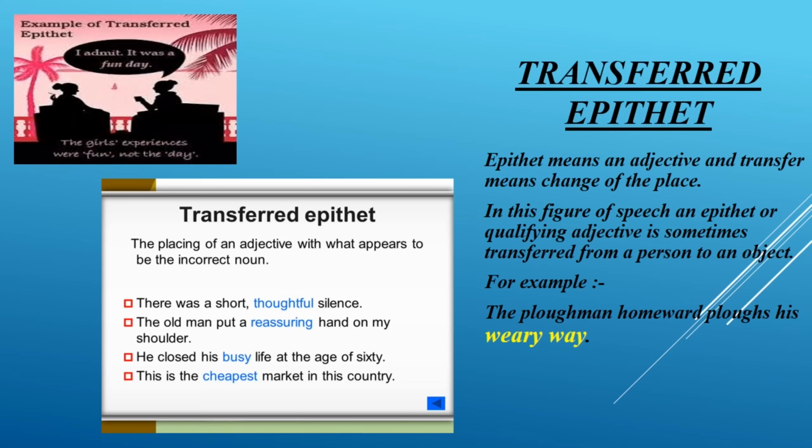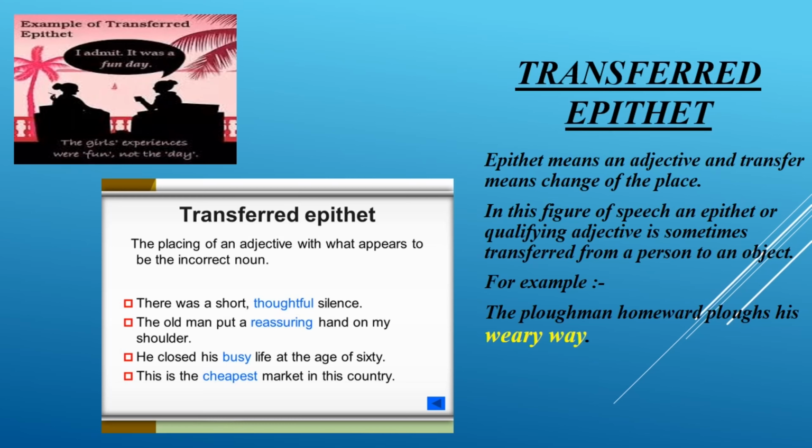Ploughman means the farmer. A farmer has finished working in the fields throughout the day. He is extremely tired and is walking back home, feeling very tired. Now, weary means tired. Okay. Now, here, weary is the epithet. It is the adjective, the quality. Now, who is actually tired over here? It is the ploughman.